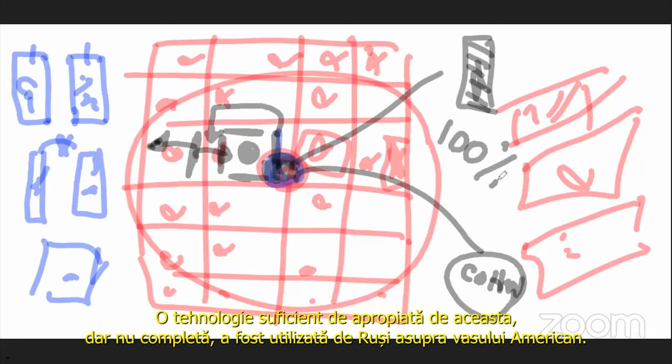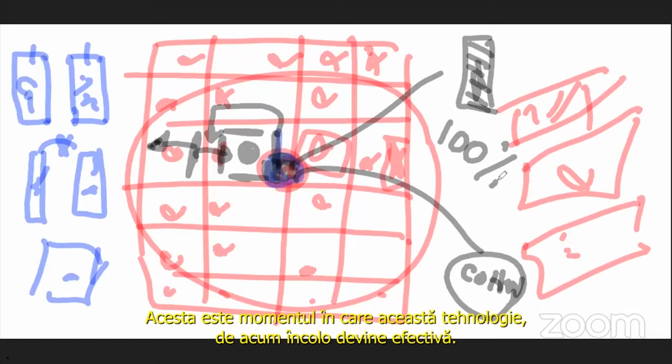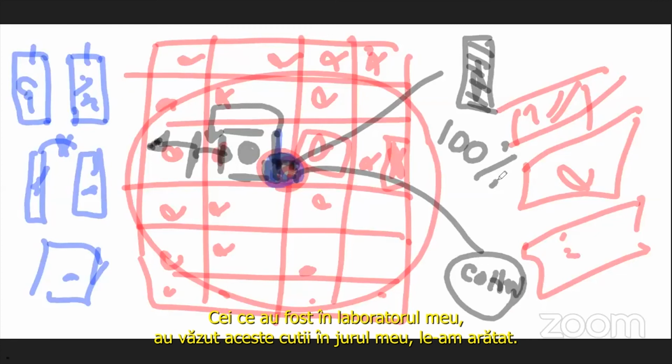This technology, near enough to it, but not complete, was used by the Russian and the American ship. You can change the social structure. This is where this technology now, from now on, becomes effective. Those who've been in my lab, they've seen these boxes around me, I've shown them.